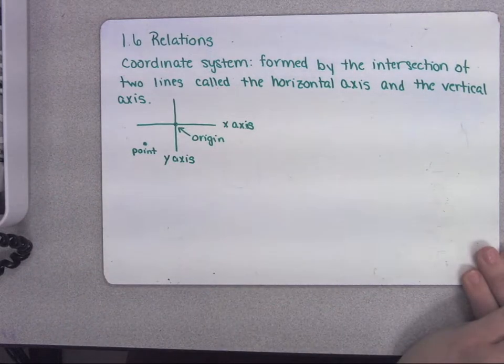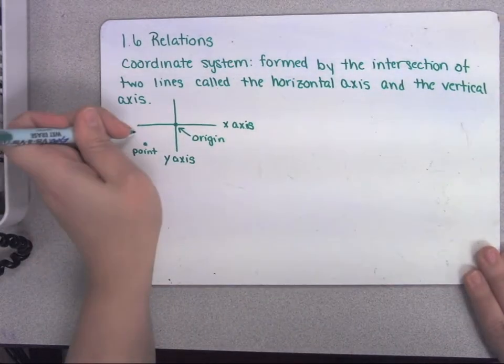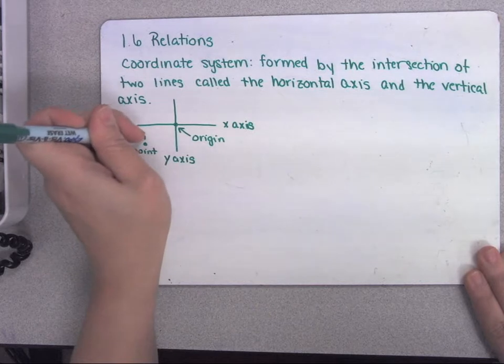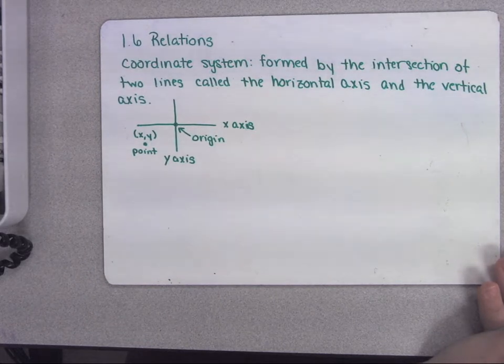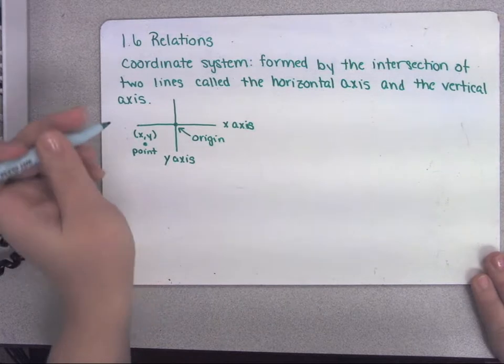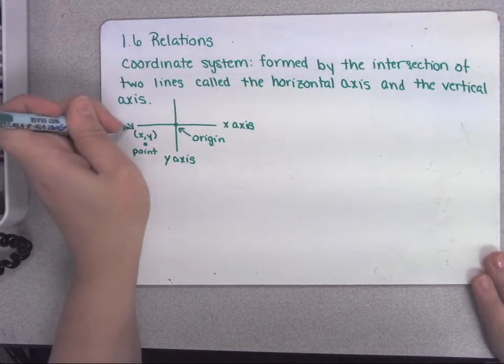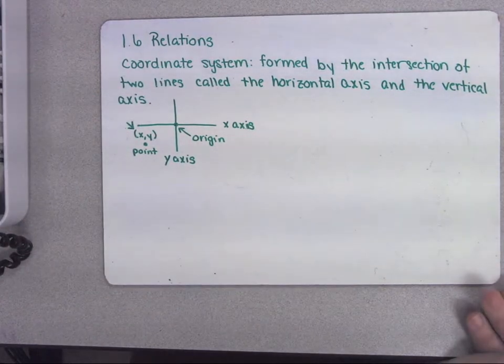Right? And we can label it with numbers, can't we? In parentheses, we can say, hey, our x number, comma, our y number. We do that all the time. We say like 2, 3, and it represents something. Do you remember what this is called?